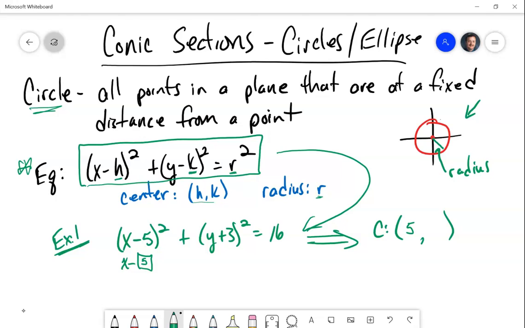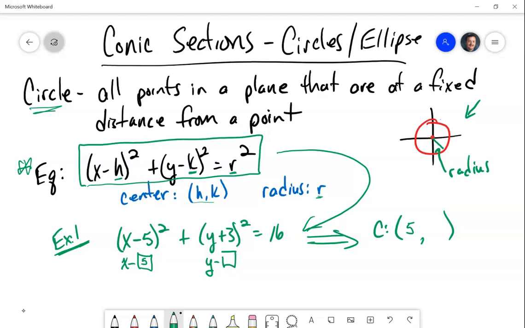Now similarly, when we look at the y minus k, that's the standard form I'm looking for. And when it's in that y minus k format, the y component will be k. So I have to think about this. Notice here what I have: y plus, not minus. So I have to think about this in terms of a y minus situation. Y minus what is giving me this y plus 3?